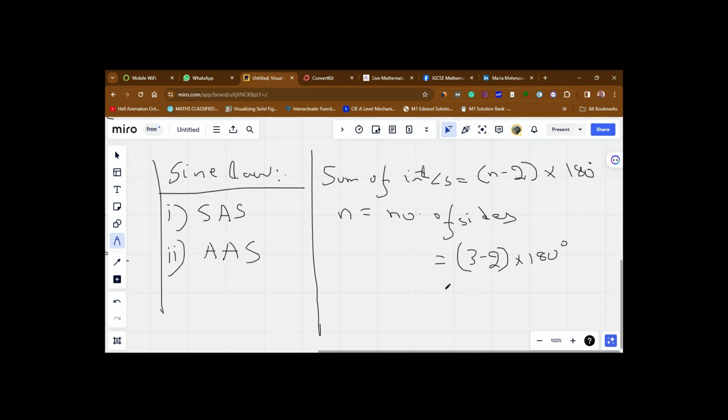So this reveals that the sum of the interior angles of a triangle is always equal to 180. So if two angles and one side are given to you, then the third angle can easily be calculated with the help of this concept as well. You can subtract the two given angles from 180 to get the third angle.